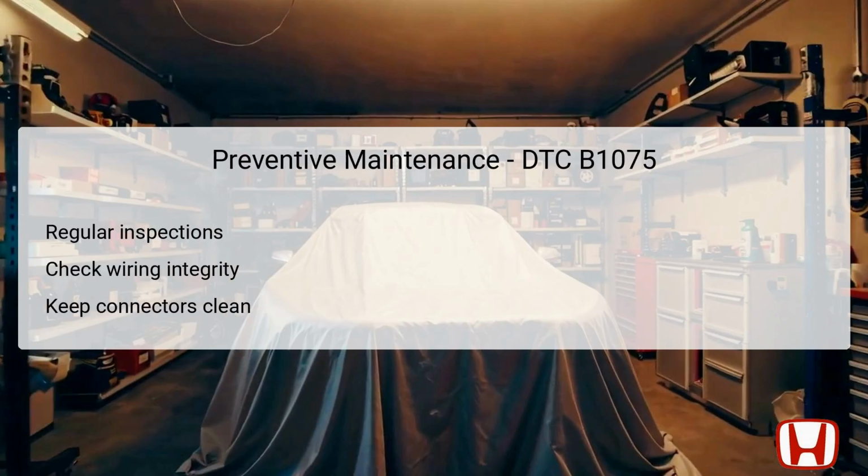To prevent the recurrence of issues related to DTC B1075, implementing a routine preventive maintenance schedule is advisable. Regular inspections of the headlight switch and associated wiring should be conducted to identify any signs of wear or damage early on. Ensuring that the wiring integrity remains intact will help mitigate issues related to high resistance or open circuits.